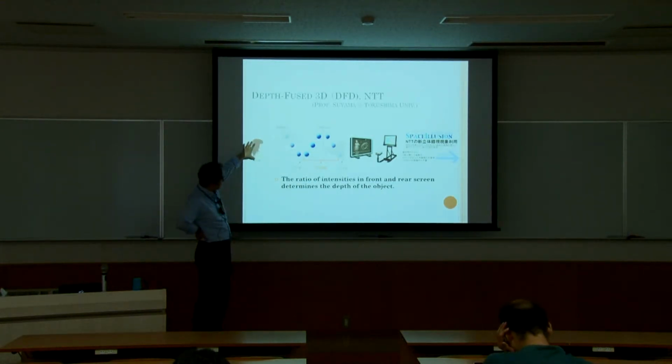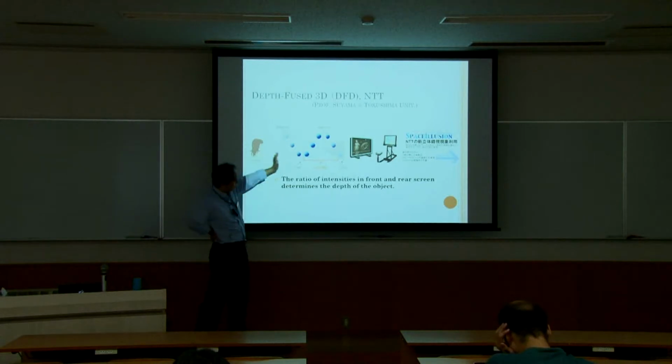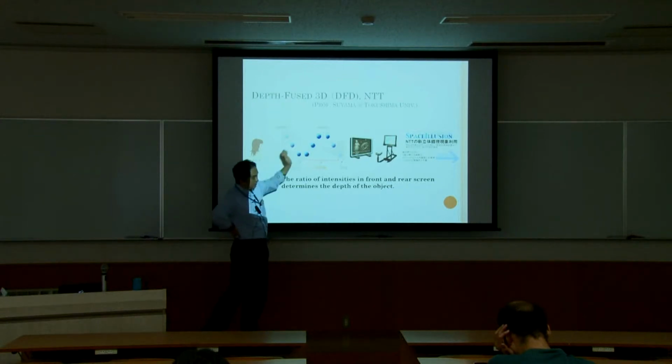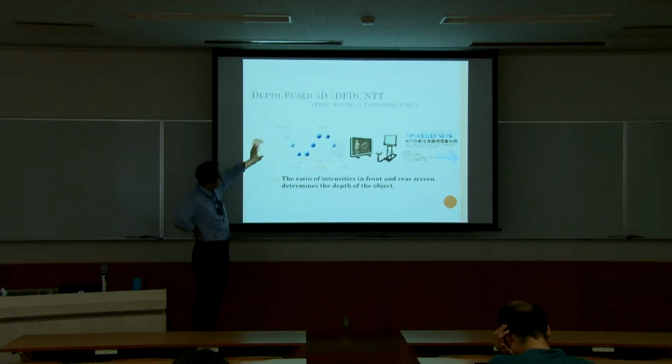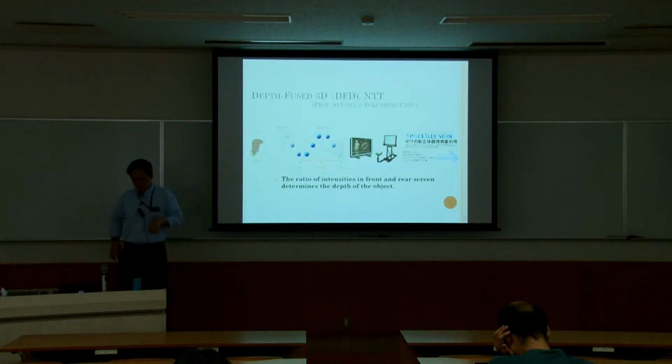If the subject sees these two layers, the subject perceives this object as near and this object as far. They call this an illusion. This is not fully investigated, but this phenomenon occurs, so they use this phenomenon as a 3D display. This is very interesting.